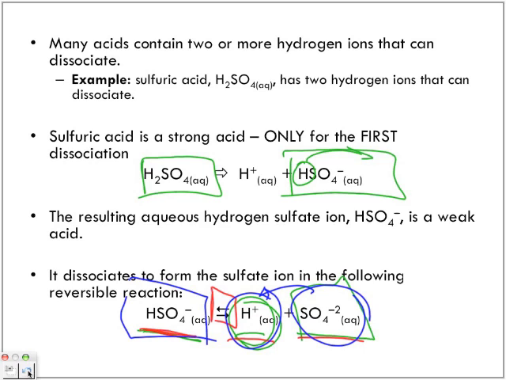So this is reversible, and you'll see arrows that go back and forth, or you'll see the arrow going in just one direction. When the strong acid dissociates, they will all dissociate this way. Then this will dissociate again, but it's reversible. It goes back and forth because it is a weak acid.